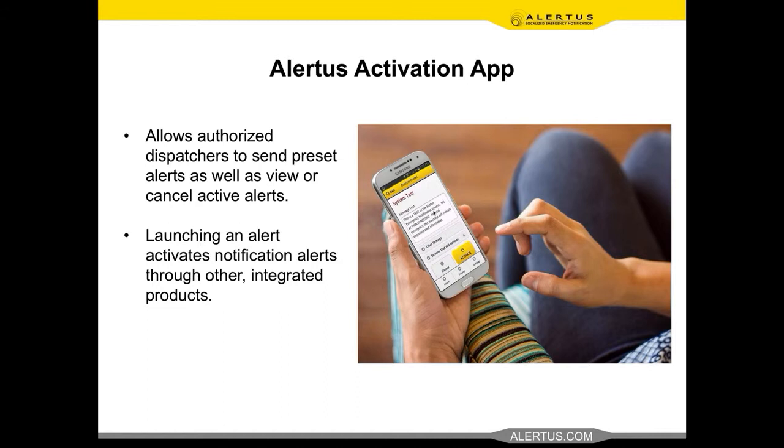So the Alertus activation app is used to launch the alert, and then it's sent to all the users who have the Alertus app installed. The other thing we've had really good success with is an uptake is if your organization has an app that you deploy that has either bus schedules, lunch menus, any number of building maps, campus maps, that provide services that are very valuable to your users that are downloading that, almost like the web portal of the 90s and 2000s.